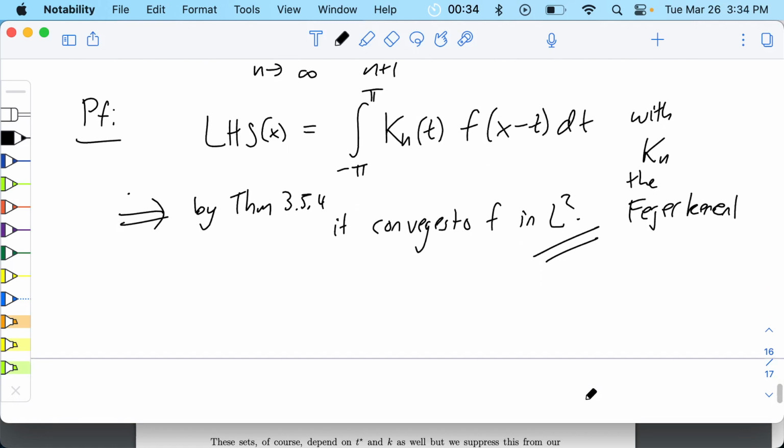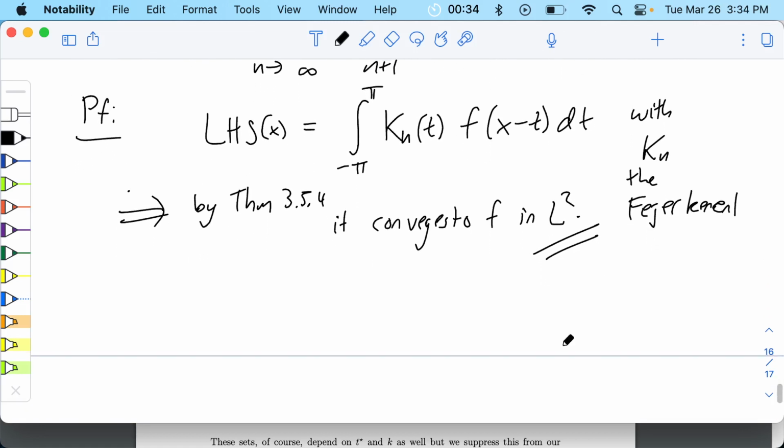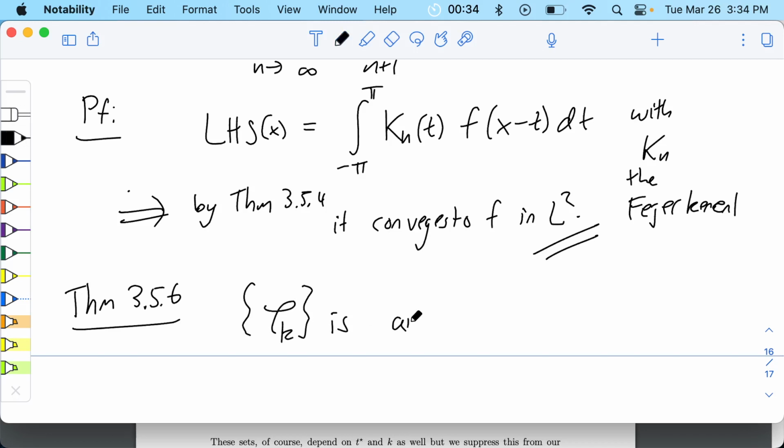And then there is another result, which is what we actually wanted to prove, theorem 3.5.6, which is that phi k, which we've been calling the k's, is an orthonormal basis.